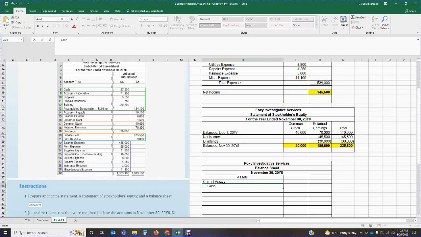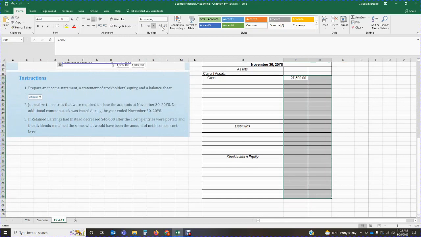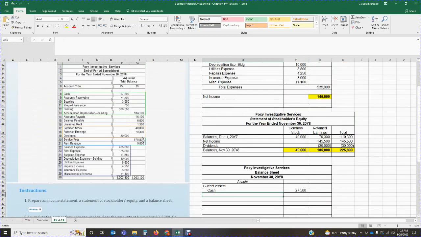So I have cash, 27,500. Let me put commas just to keep it consistent. Okay. So I've got cash, accounts receivable of 71,800.